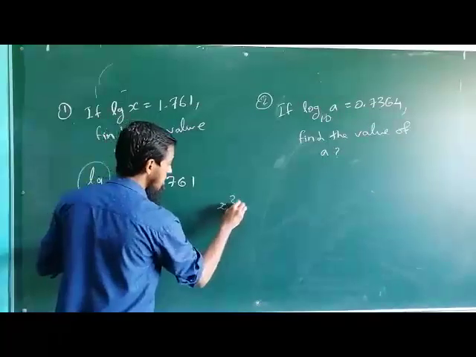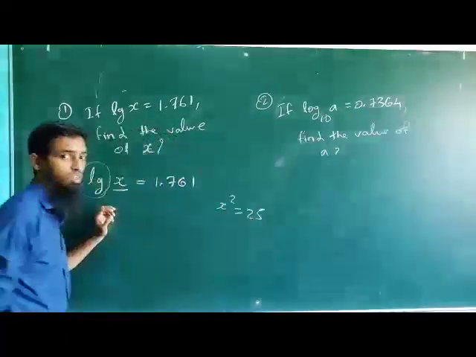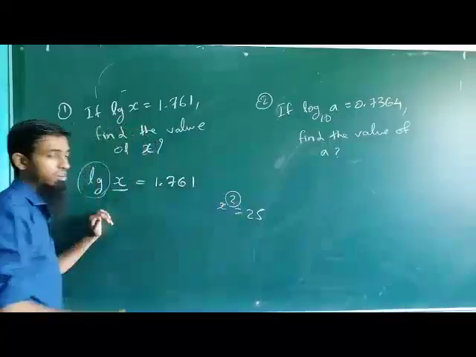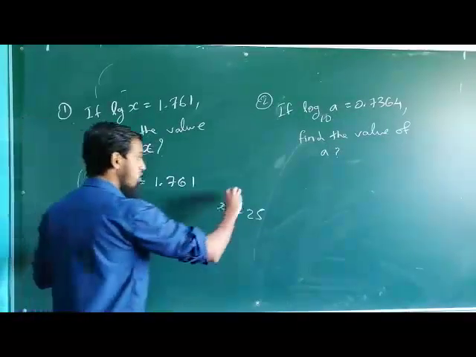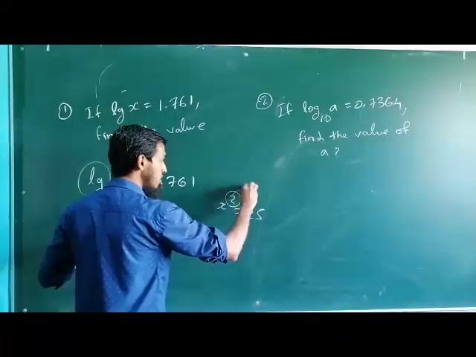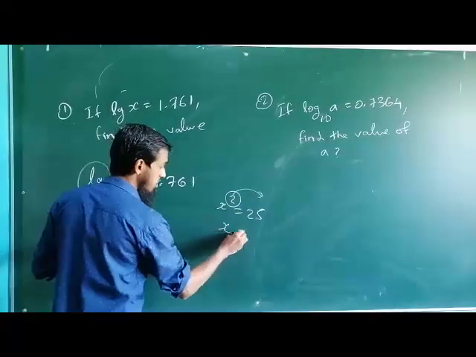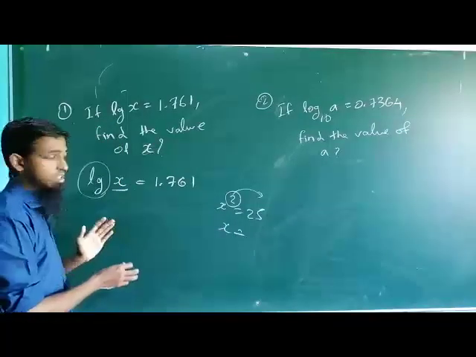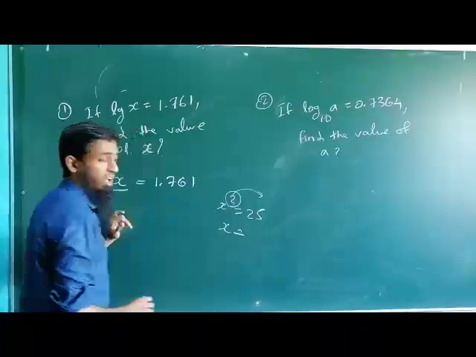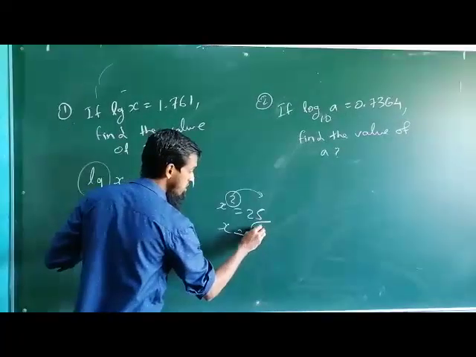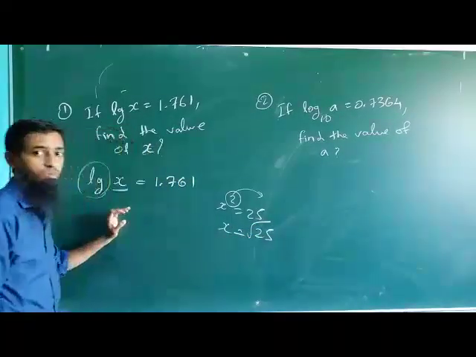Similarly, x squared equals 25. If you want to find the x, you need to cancel the power. So how do we cancel the power? We send the power to the other side of the equation. So x is the subject. If you pass the square to the other part of the equation, it will change to the opposite sign, that is square root.